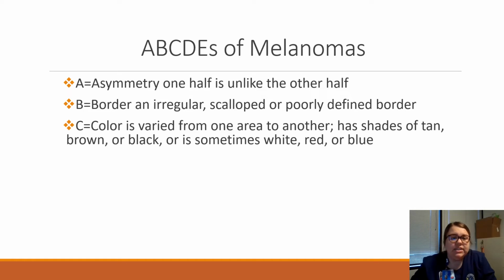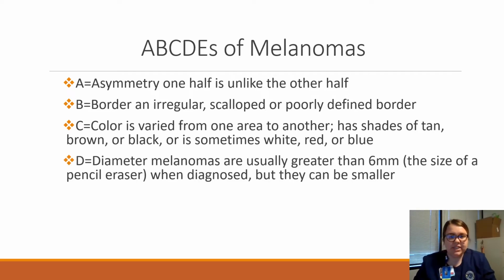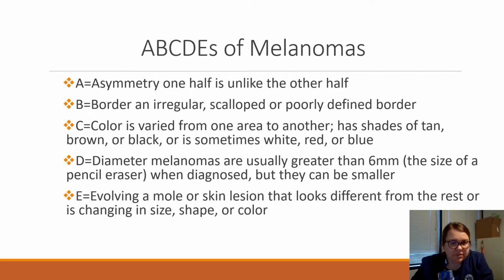C is color. It could be varied, having different shades. Sometimes it's white, red, or blue. You have to note the color, because if it changes, then you can see where it's changing from and to. D is diameter. Usually they're greater than 6 millimeters, the size of a pencil eraser, but they can also be smaller. E is evolving.